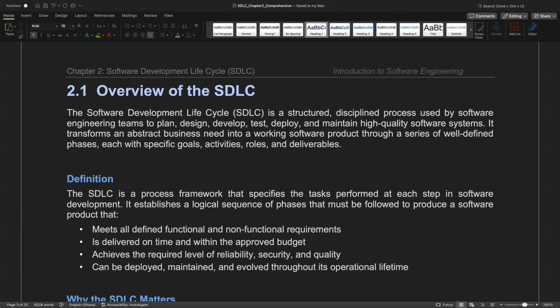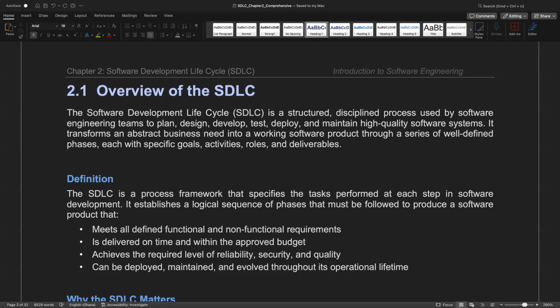Now, to go further to explain this cycle, first of all, we need to define the non-functional and the functional. I will explain them as we go by. It's developed on time, delivered on time, and it's within the budget that we agreed.